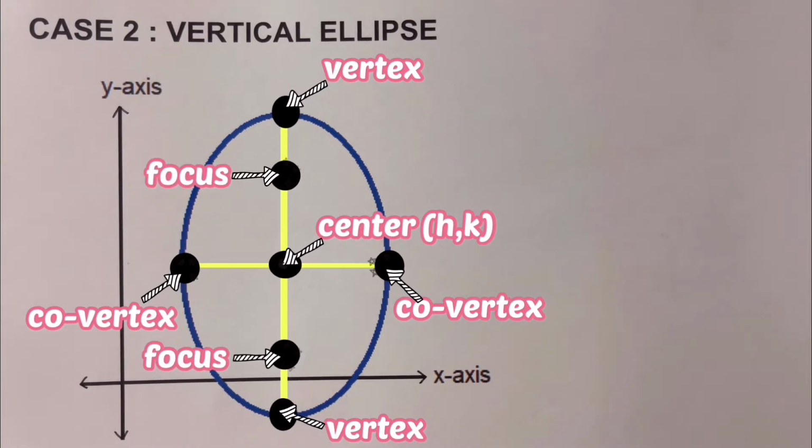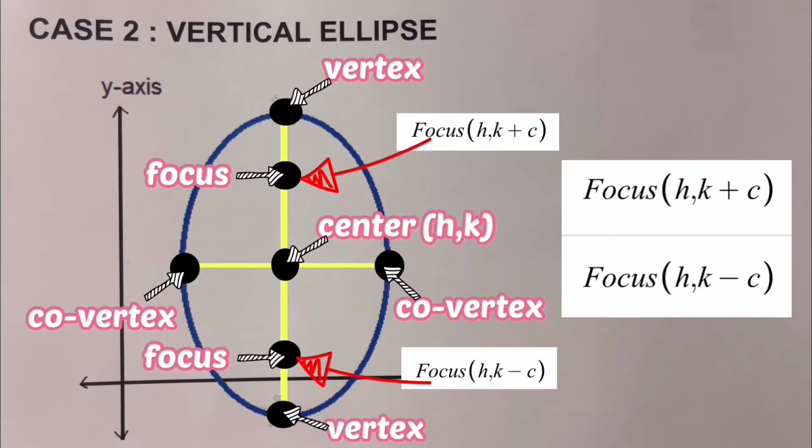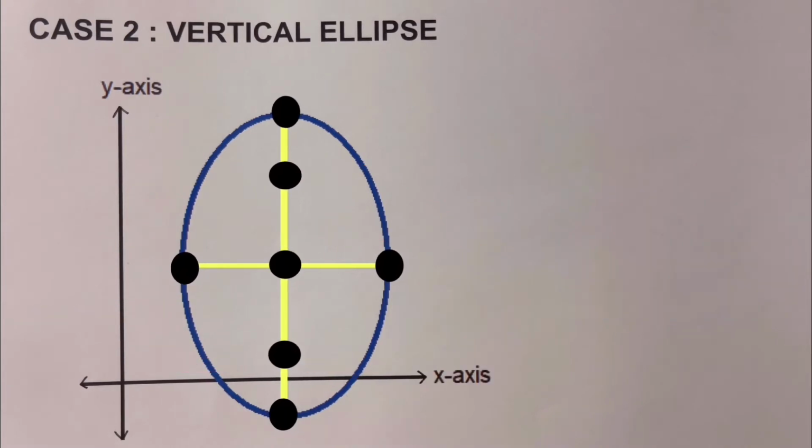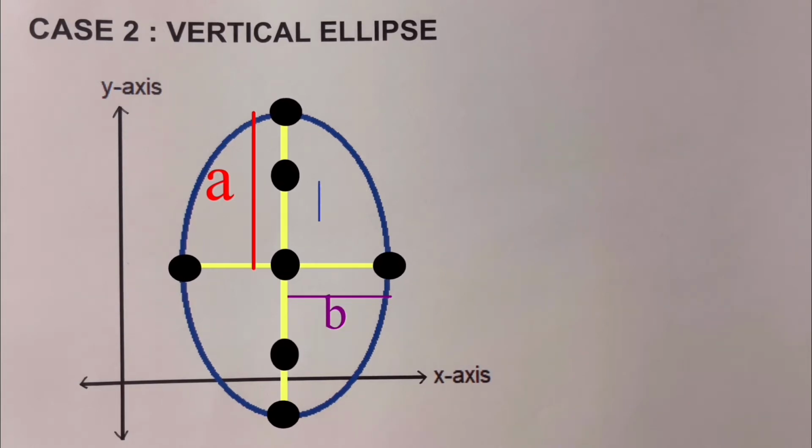Now we remember that the coordinate for the focus of a vertical ellipse is (h, k ± c). Now we also remember that the distance from the center to the vertex is represented as letter a. The distance from the center to the co-vertex is letter b. And the distance from the center to the focus is represented as letter c.